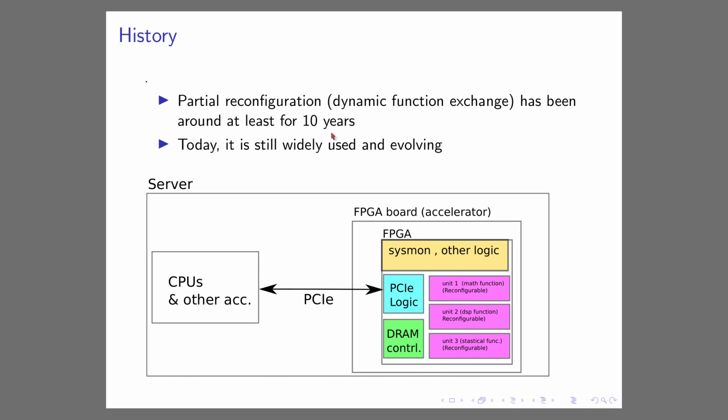But still, it's a very hot topic. Still, it's evolving. If you look at the Vivado tool, you can still see the tool is evolving. With every new version, the partial reconfiguration flow is becoming easier and easier. Why? Because it's heavily used in different fields, in the industry, in telecommunications. Many people use partial reconfiguration.